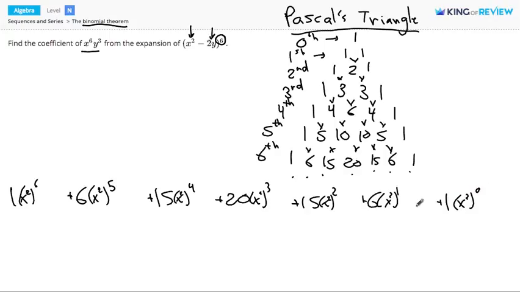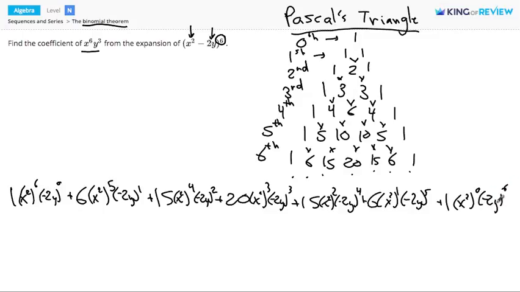For the second component, negative 2y, we go in reverse. Negative 2y to the 0, and then we go up by 1 from there. Negative 2y to the first, negative 2y to the second, negative 2y to the third, negative 2y to the fourth, negative 2y to the fifth, and we end with negative 2y to the sixth.